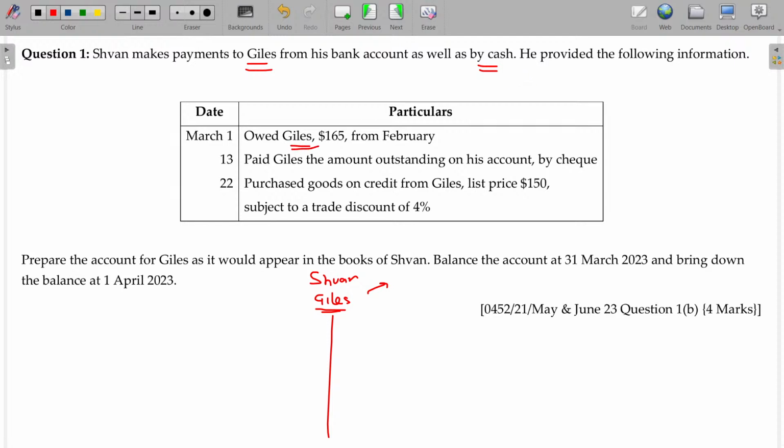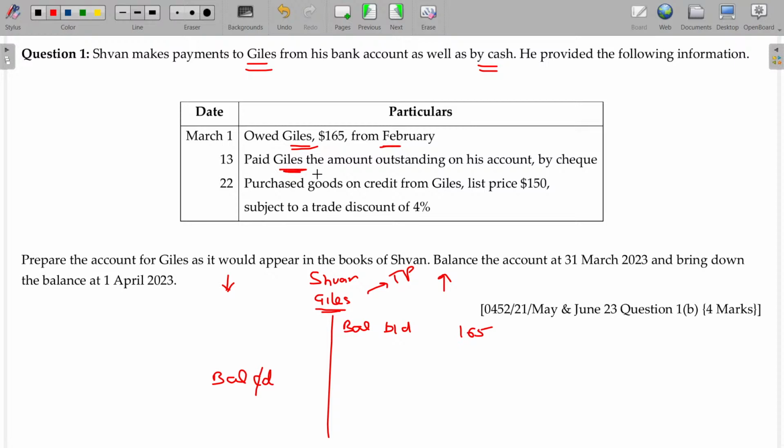Owed Gillies $165 from February. So we are owing, then it's a liability. We start here with the opening balance brought down, balance carried on. So automatically this is similar to trade payables. If it is increasing, post that here. If it is decreasing, post this here. So initial owing being 165.